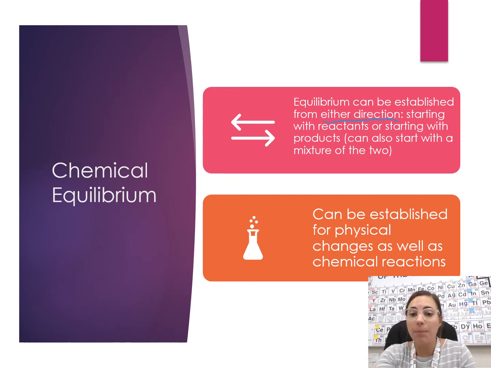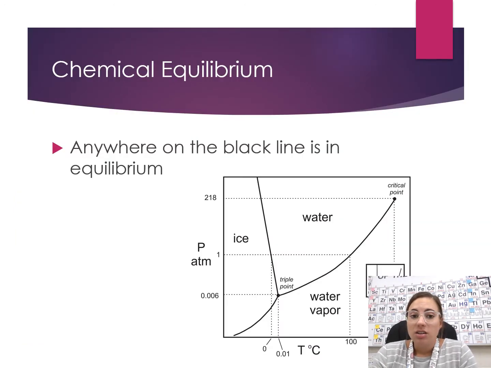This also can happen for physical changes as well as chemical reactions. So physical changing, meaning changing state. For example, in regular chemistry, you would have looked at these. This is a phase diagram. We will go over these in more detail later this year.